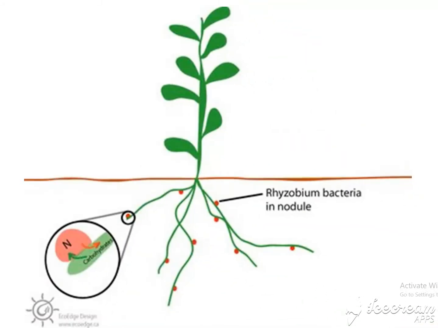This rhizobium bacteria absorb the atmospheric nitrogen and convert it into nitrates and fix it in the soil. That is called nitrogen fixation, so that the next coming crops can utilize that nitrogen and grow properly or give good yields.